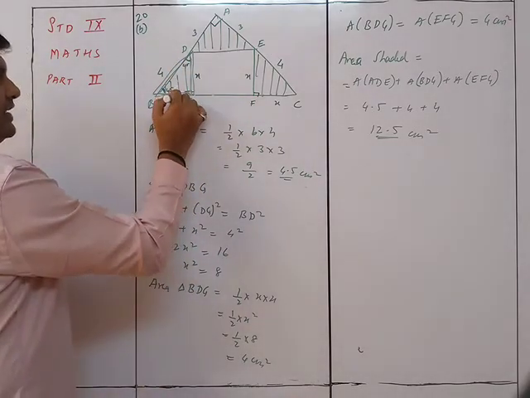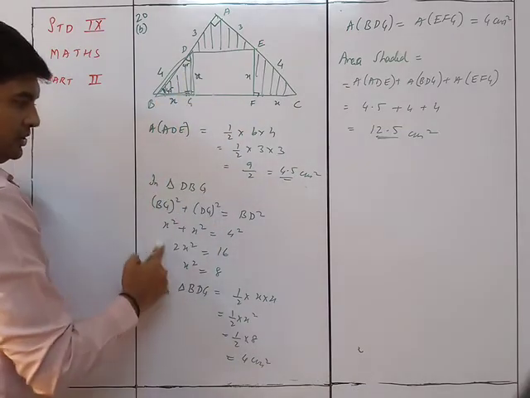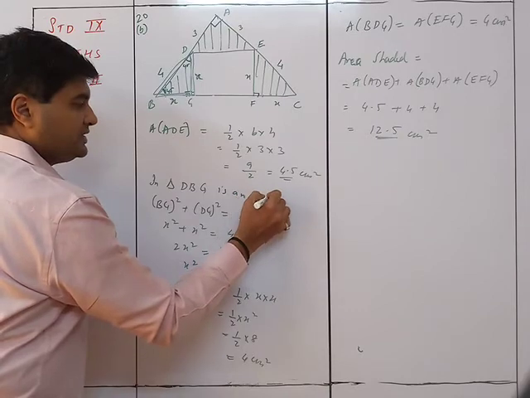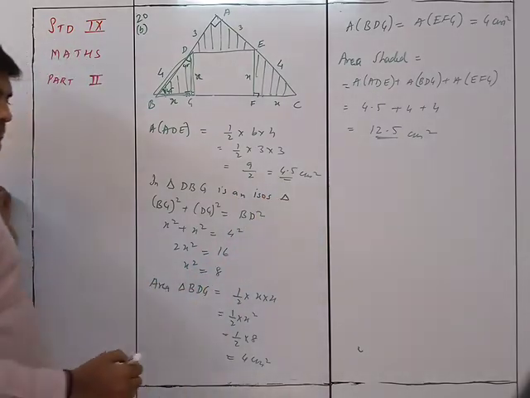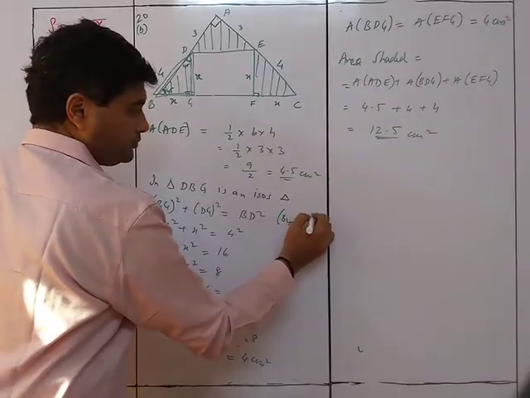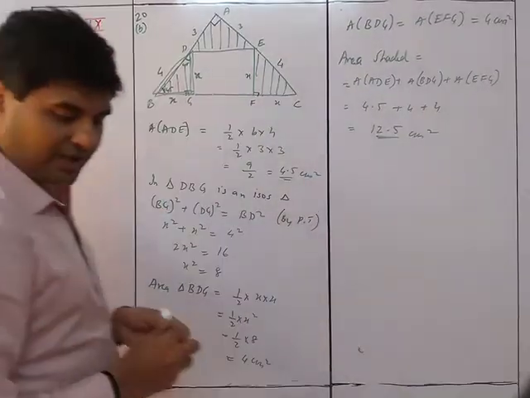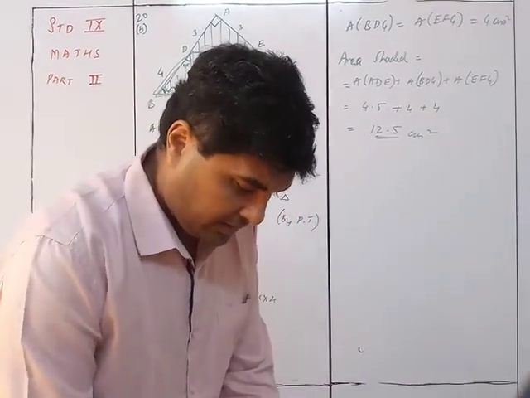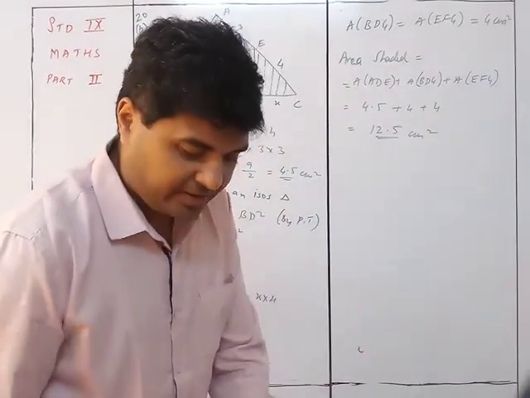So if this is x, this will be x. That's why we are taking it this way and using Pythagoras theorem. So the answer to question number 20B is 12.5 centimeter square.